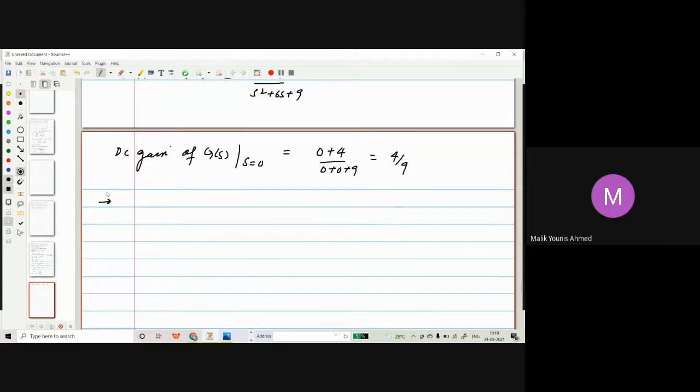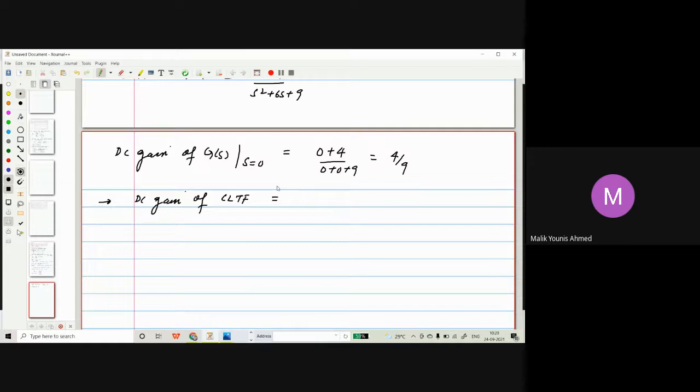Roll number 9. Yes, sir. Now, if I am asked to find the DC gain of the closed loop transfer function, which we have also found, what will be the answer? 1 plus 4 by 9. Tell me the answer. 13 by 9. How will 13 by 9 come?